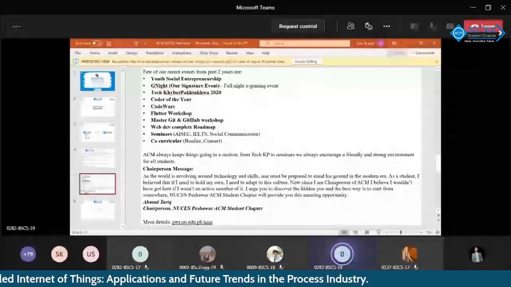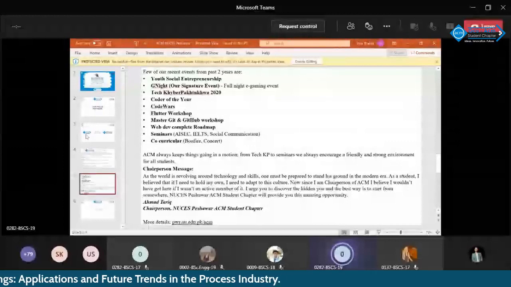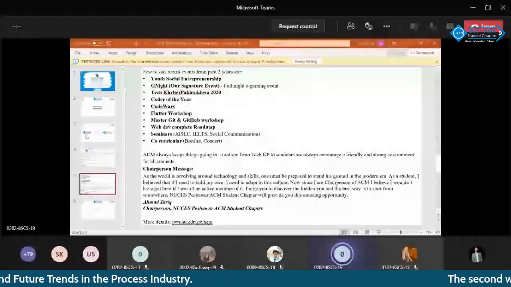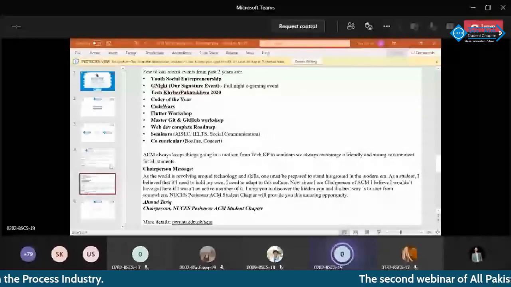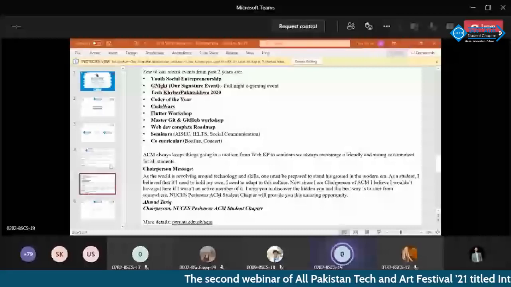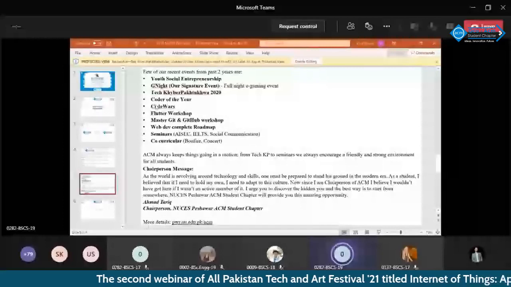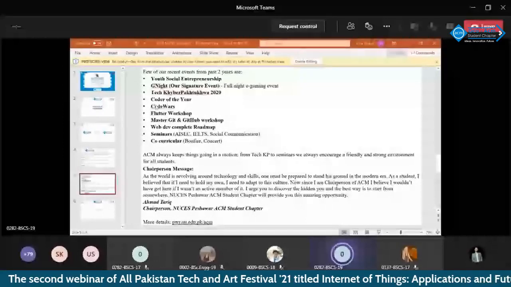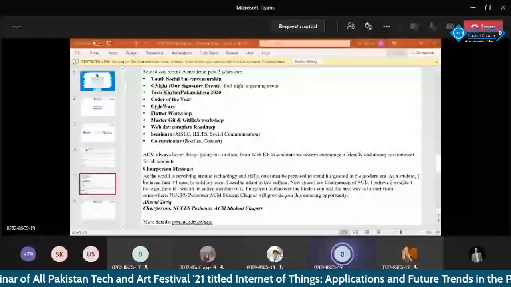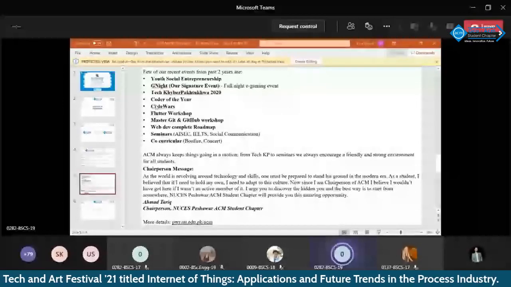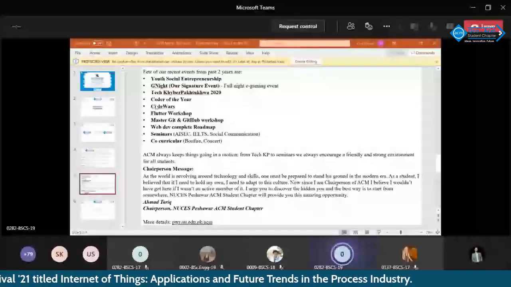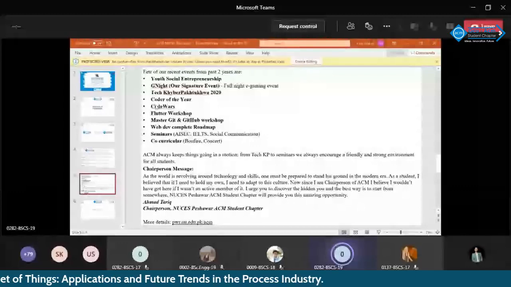Our next collaborator is Arbisoft ACM Chapter. Arbisoft ACM Chapter is one of the active professional chapters of Pakistan. Arbisoft is revered as the industry leader in the IT sector and actively looks to partner with other institutes to tackle contemporary industry issues.